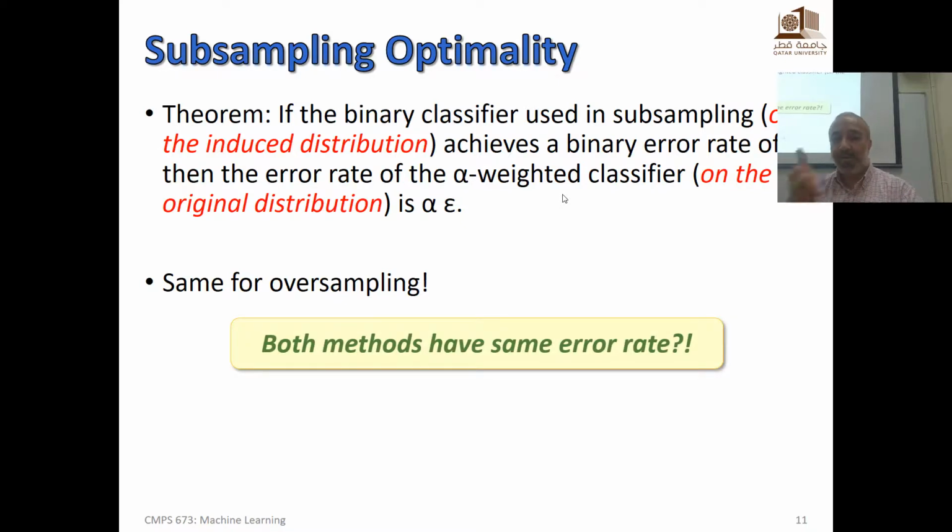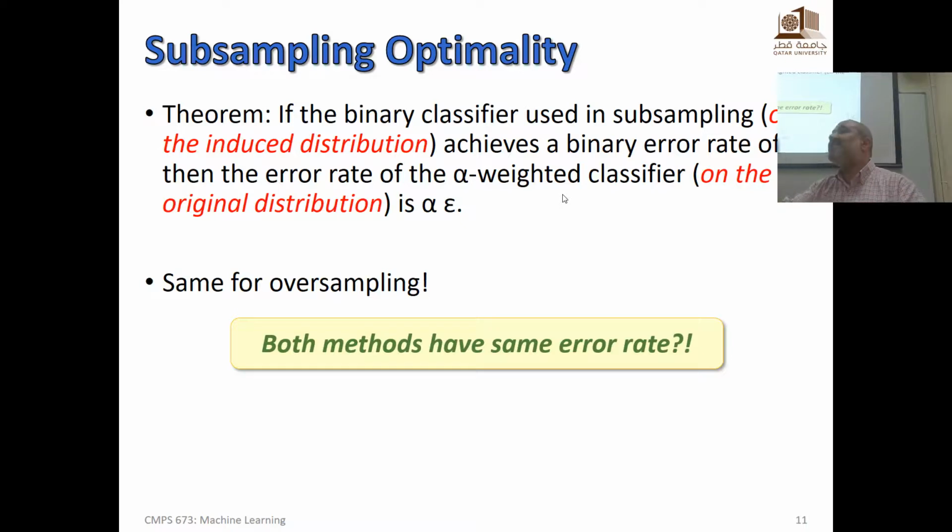The second one: if this theory says that either subsampling or oversampling gives an error rate of alpha epsilon, where epsilon is the error rate of the binary classifier, does that mean both methods have the same error rate? The answer is no, it's not the same error, although the theory seems to say that they have the same error. Is there a contradiction here? No, because the data for undersampling is different from the data for oversampling.